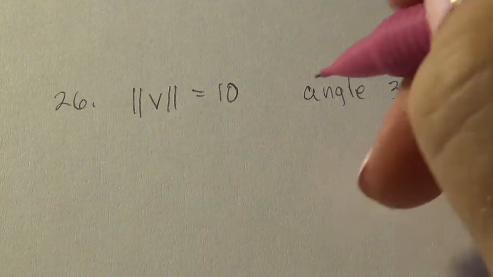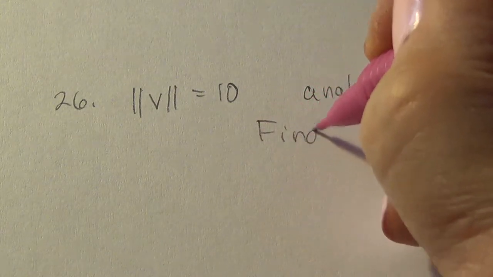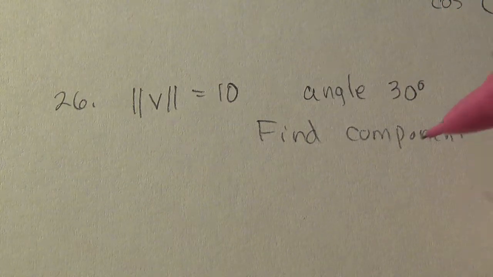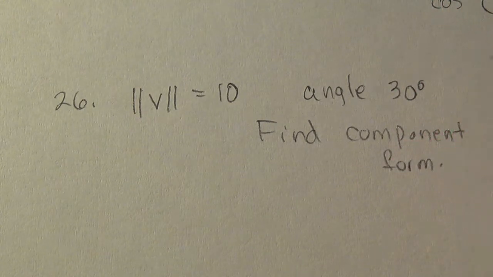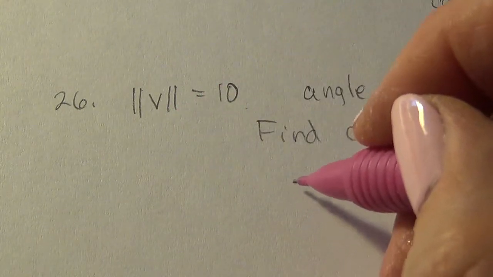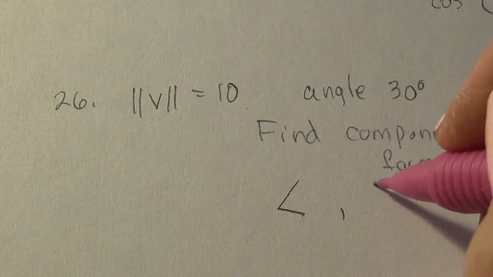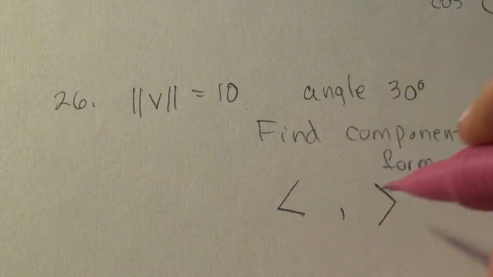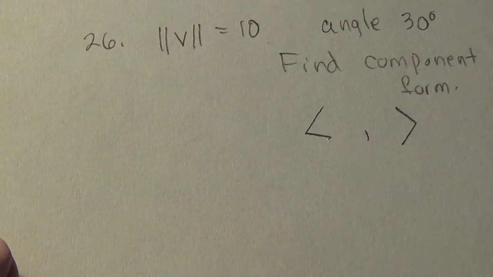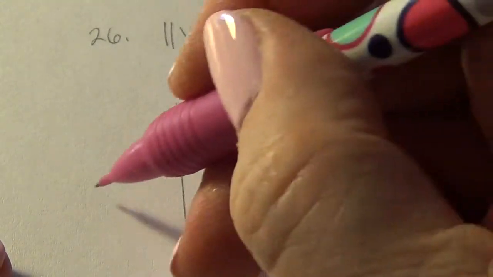And they want you to find the components. Component form, sort of like what we were doing in physics if you were there today. This is the hypotenuse, and they want the x component and the y component in these pointy boxes. So just another form of the same information.